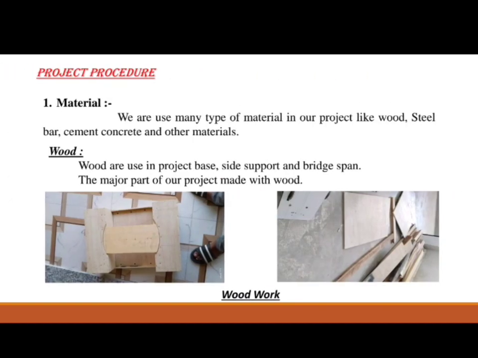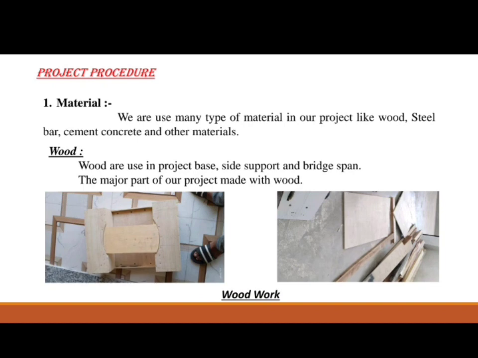Project procedure. First one is material. It is the important topic of any structure before the construction. We use many types of material in our project, like wood, steel bar, cement, concrete, and other materials.